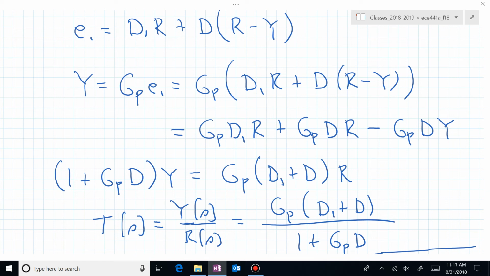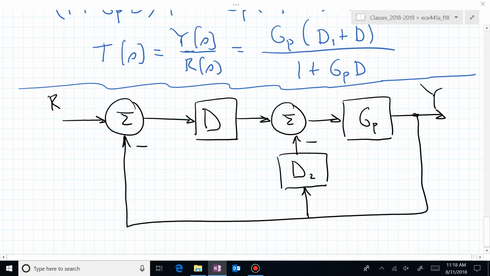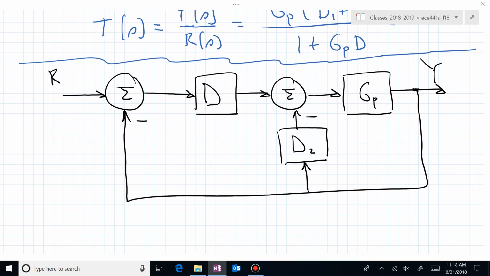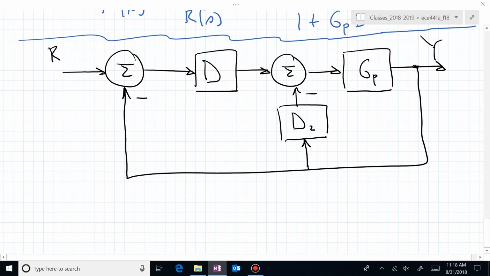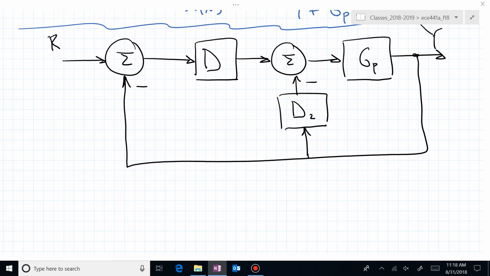One more, just for fun, that involves a couple of summing junctions. And again, these are two degree of freedom controllers. We have a D and a D sub 2, so there are two different places where we can introduce some design activity. Let's now suppose in this configuration that we label this signal E sub 1 and this signal E sub 2.